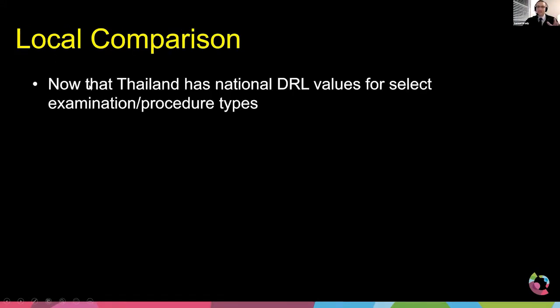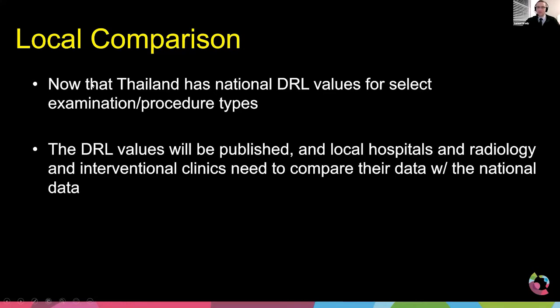All right, so now that Thailand has established national DRL values for select examinations and procedures, these values can be published and will be published so that local hospitals and radiology and interventional clinics can compare their data with the national DRL values.